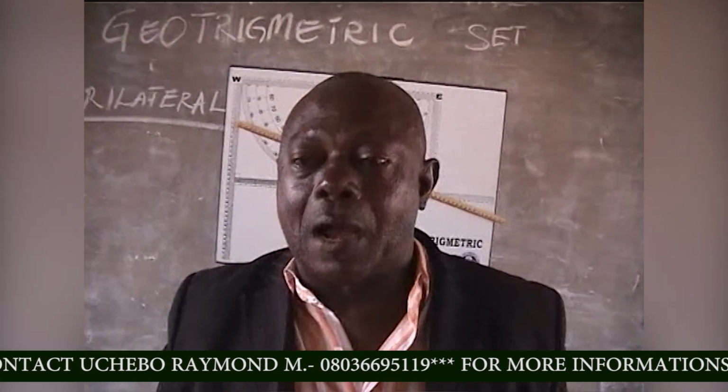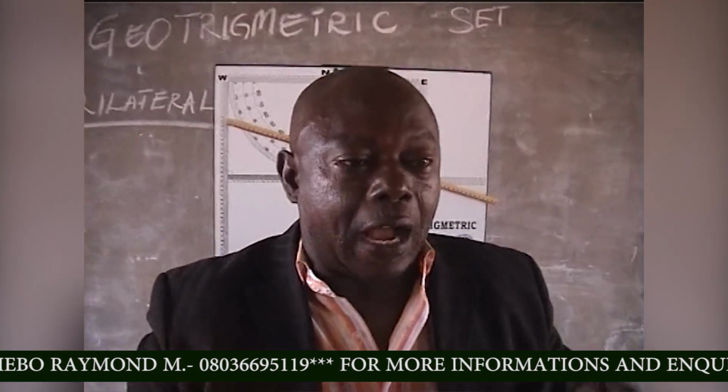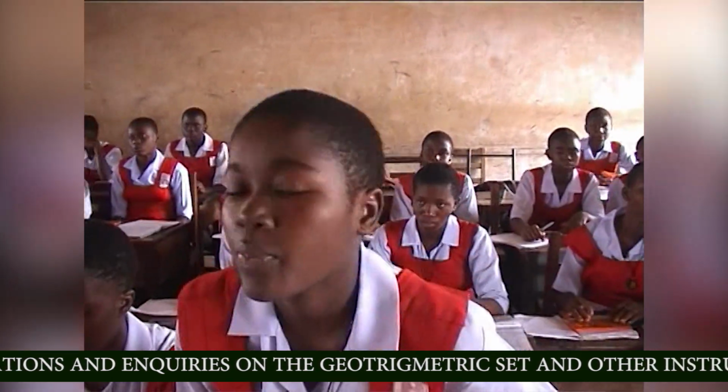Before we continue, I want someone to tell me the meaning of lines of symmetry, so that I will make sure you know what we are doing. So what do you have in mind to achieve with a line of symmetry? What we have in mind is that we want to know, when we divide a shape, how many equal parts we can get. Very good.